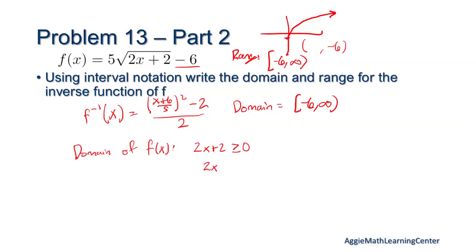So we can solve for x there. And we know that x has to be greater than or equal to -1. So the domain of our f of x, which is the range of our inverse, is -1 to infinity.